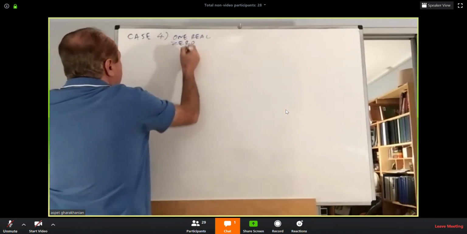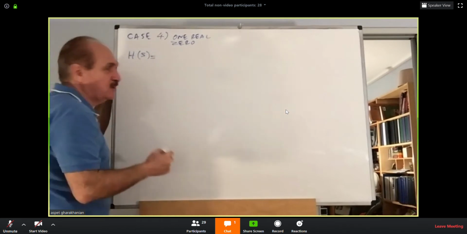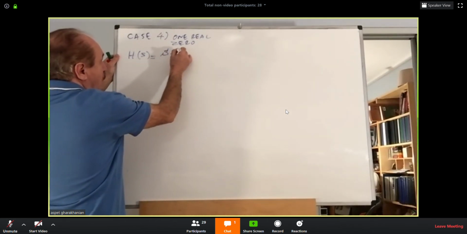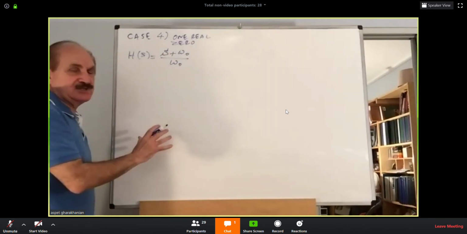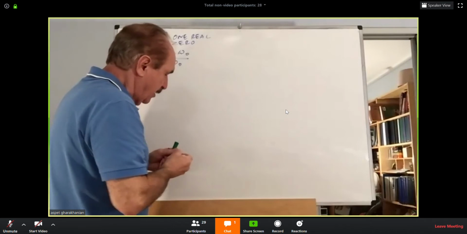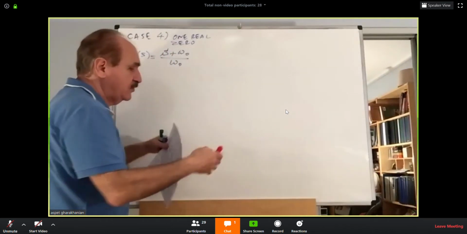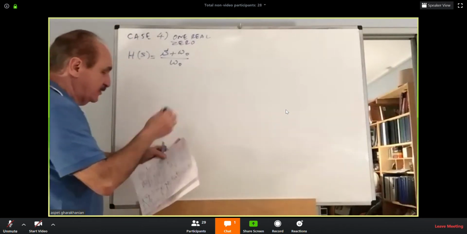So the transfer function, which we need to get the Bode plot of, will look like s plus omega O over omega O in its normalized form. Okay, so we have to extract the actual transfer function out of it.